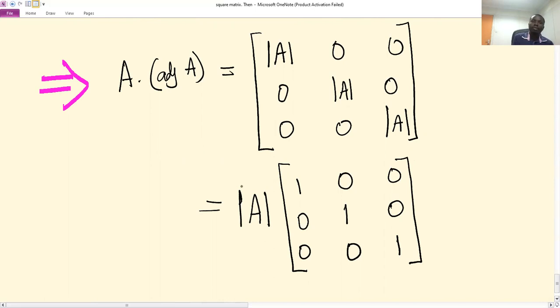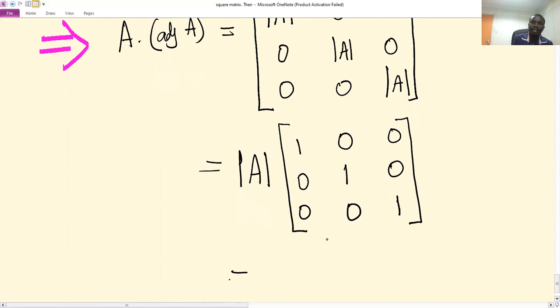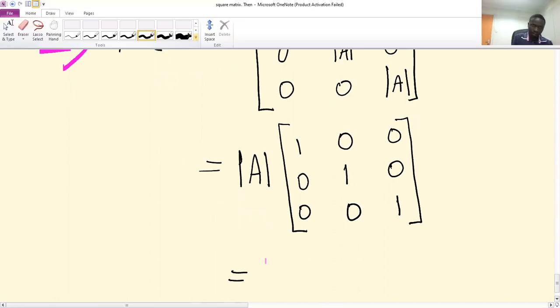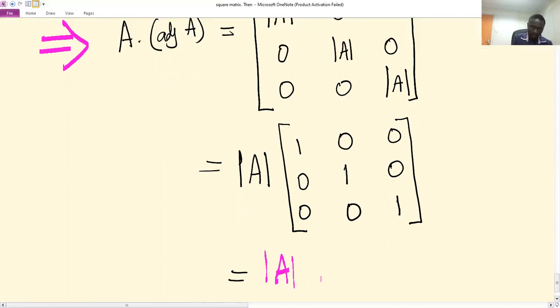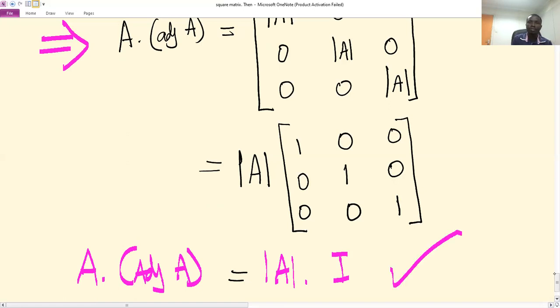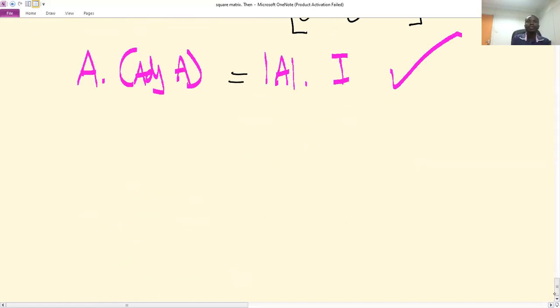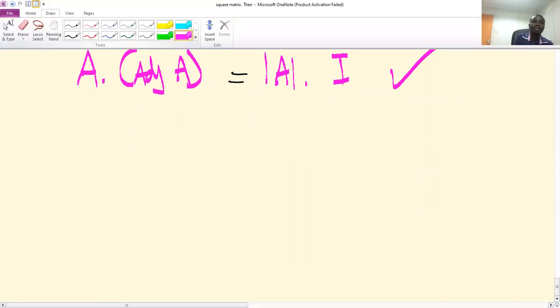And clearly, you can see that this is an identity matrix. So this is the determinant of A times an identity matrix, and we had A times the adjoint of A, and this is what we were to prove. So therefore, this is the relationship between the matrix and its adjoint.